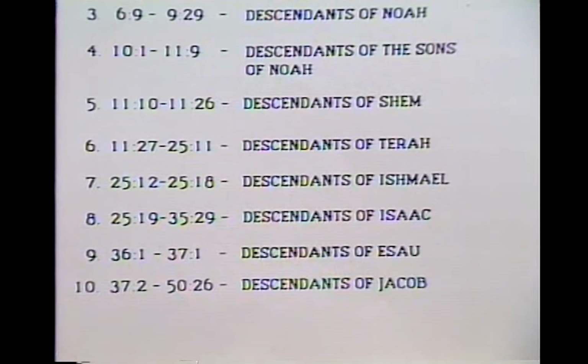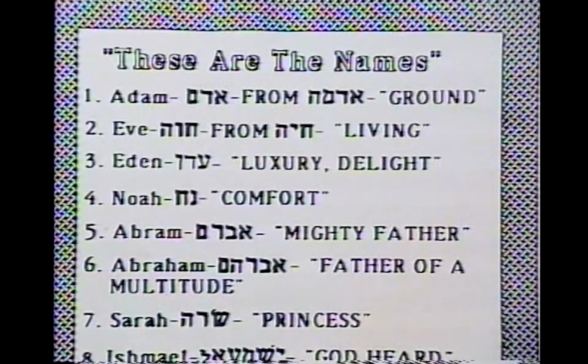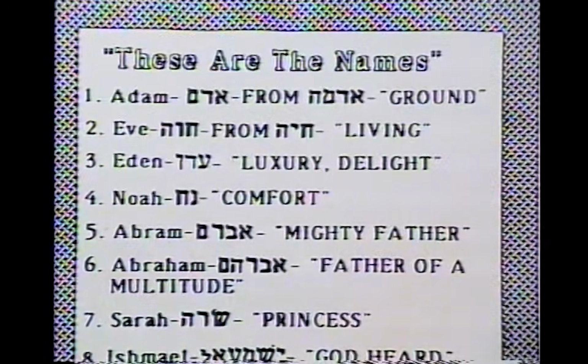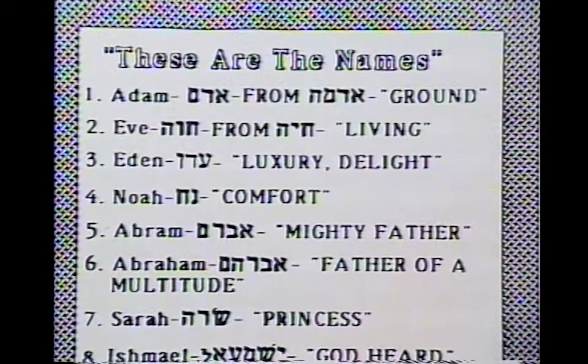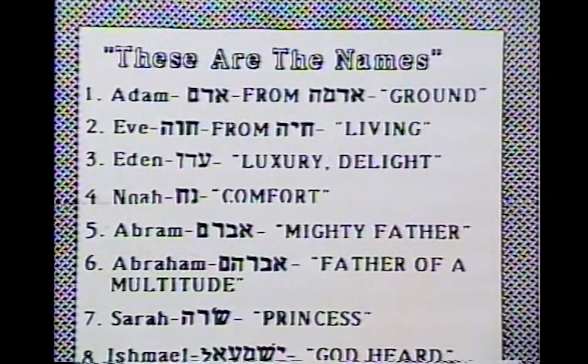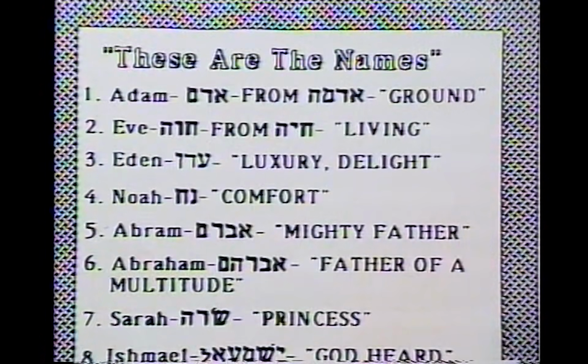All right, then one other chart that we'll take a minute and look at here. These are the names. This is just basically taking these words and finding out what they mean, their definitions, and always knowing what the meaning of words can heighten our understanding. For example, the word Adam comes from Adamah, which is the word for ground, since Adam came from the ground.